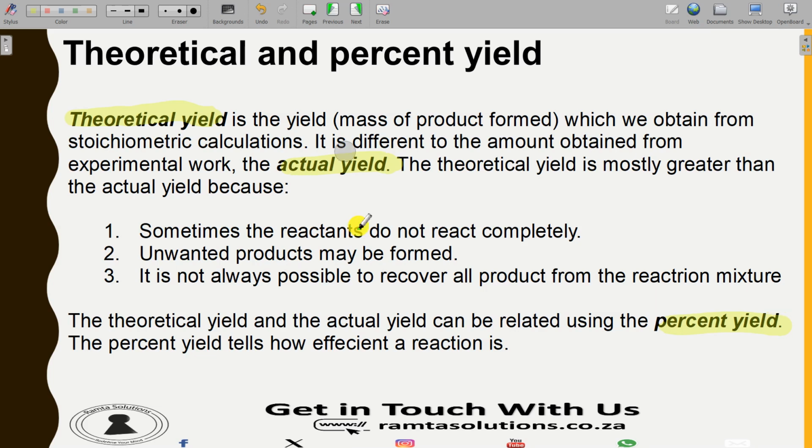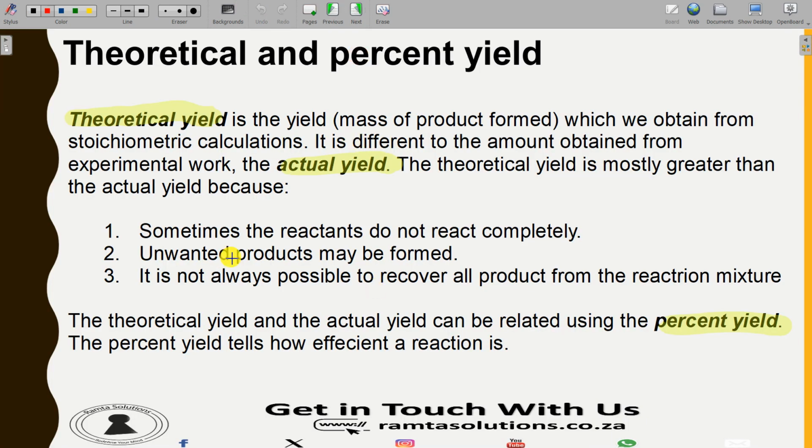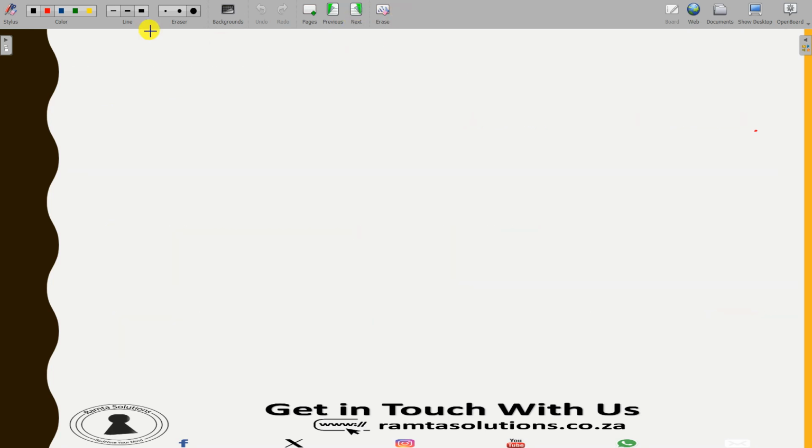So without any waste of time, let's now get into that formula that we had in the opening slide. We said theoretical yield and actual yield can be related using the percent yield. So now, what is this percent yield?